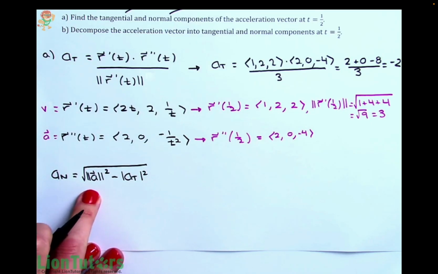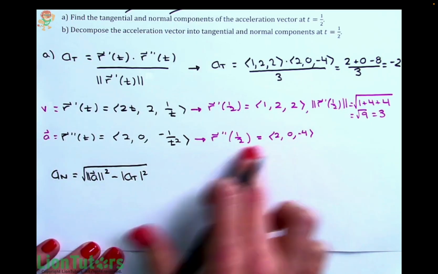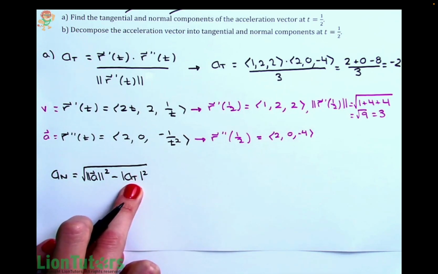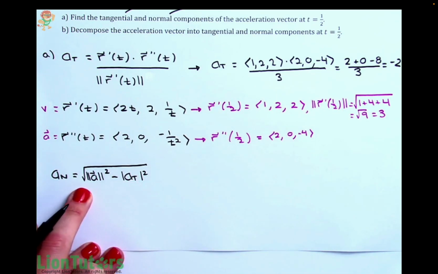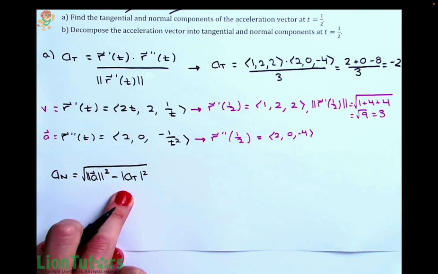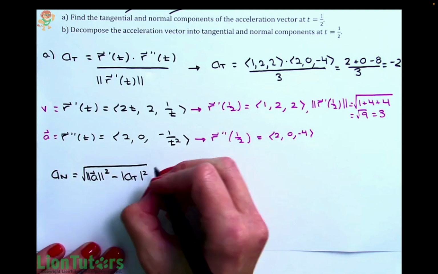So acceleration itself is a vector, but a sub t is a scalar. That's why this is magnitude, with the double bars here, and this is absolute value, single bars, because it's a scalar and not a vector.